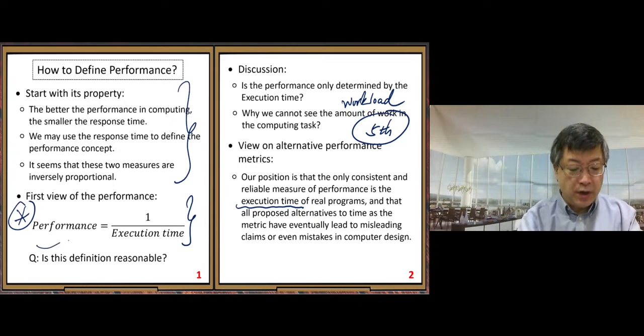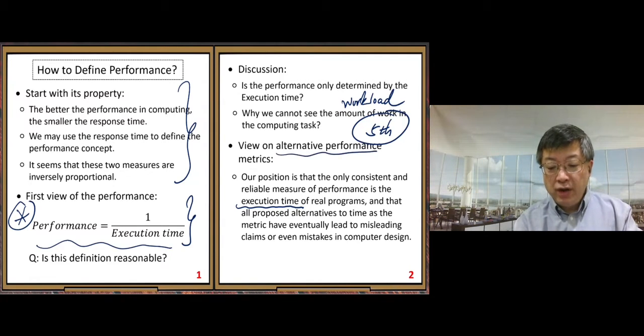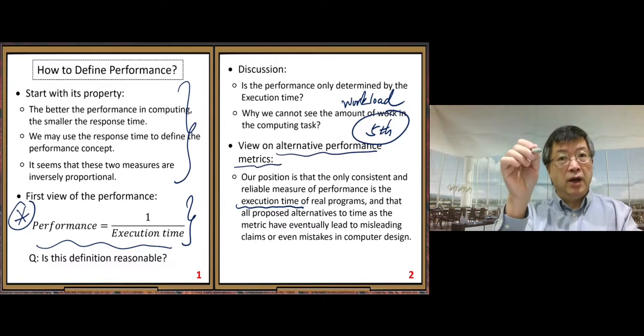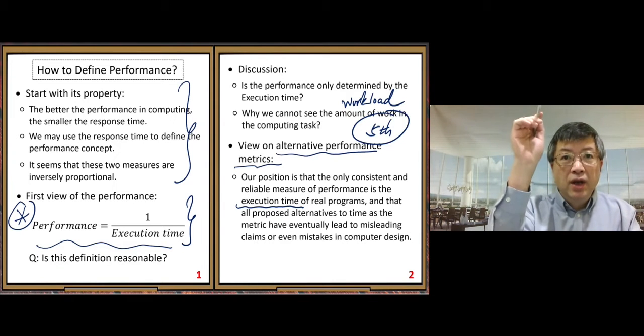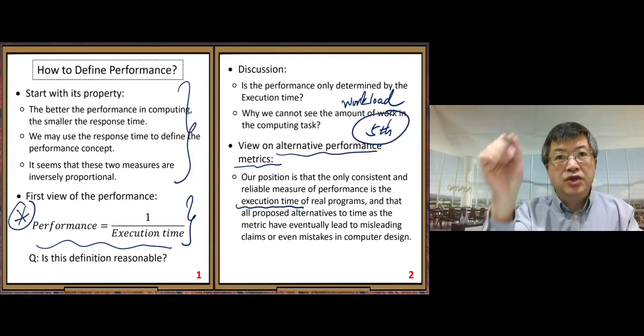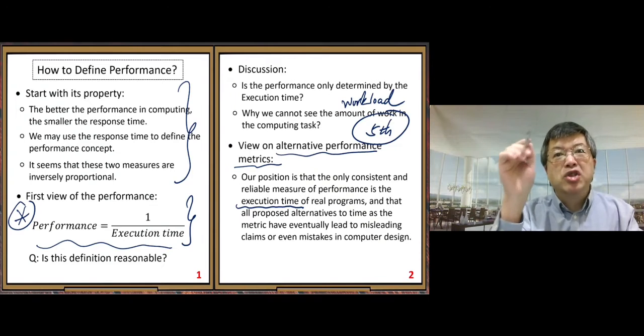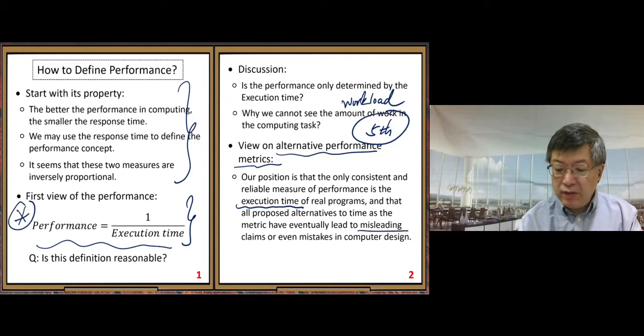So these are the proposed alternatives, right? One of the proposed alternative performance metrics. All proposed alternatives to time as the metric have eventually led to misleading claims.